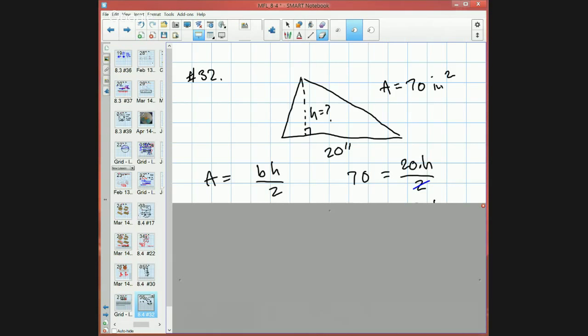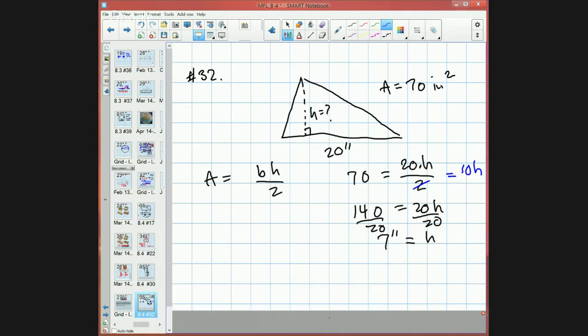How can I solve for h? Well, one thing I could do, and this is what you saw a few seconds ago, is get rid of that. What I probably should have done is just cancel. What's 20 over 2? 10. So this is really just 10h. And then, to go the next step, coming down here in blue, you've got 70 equals 10h.